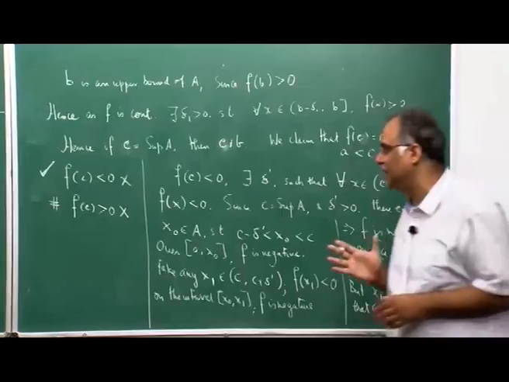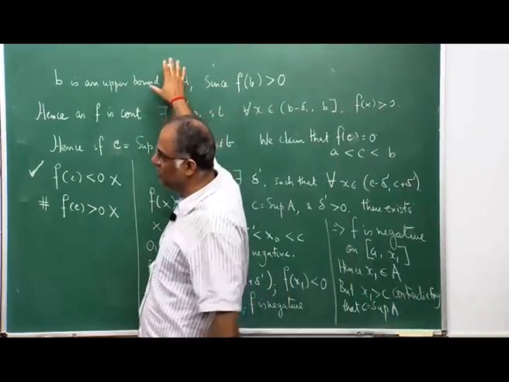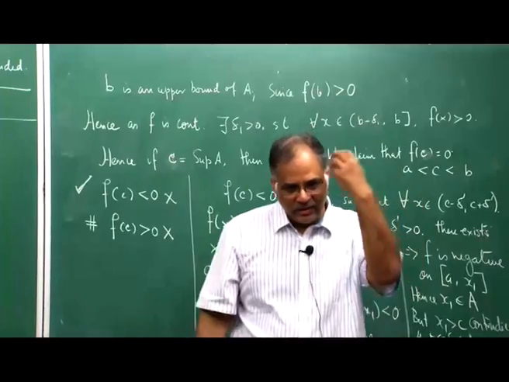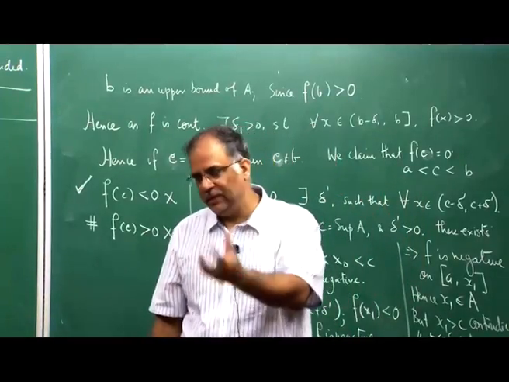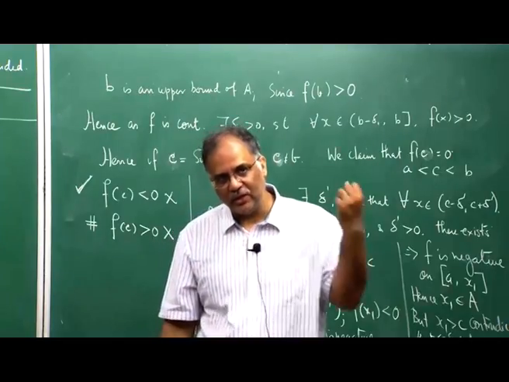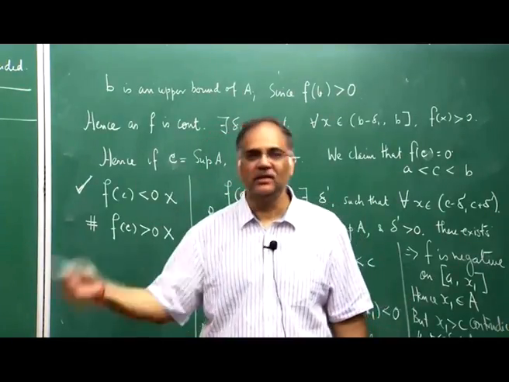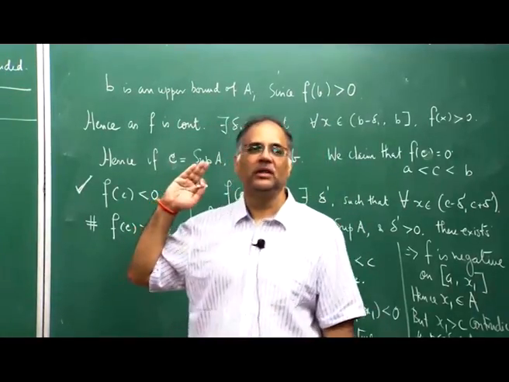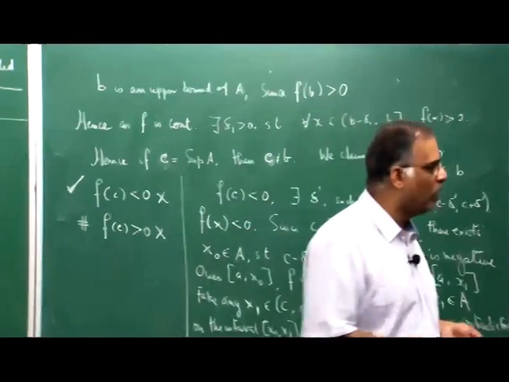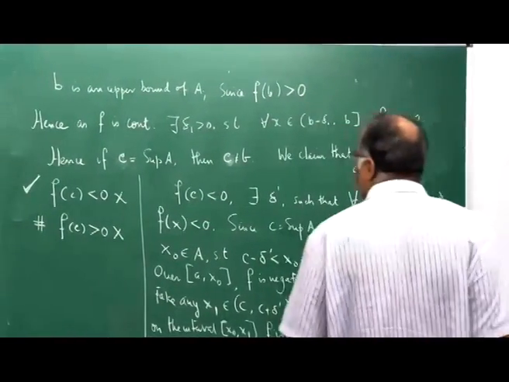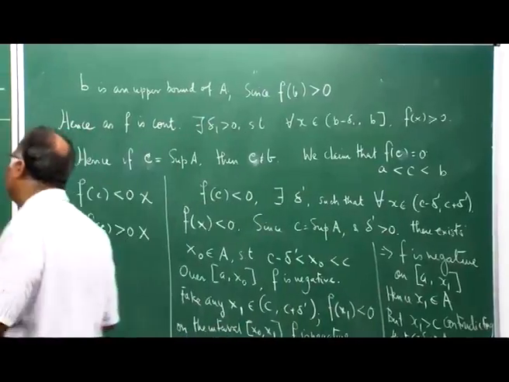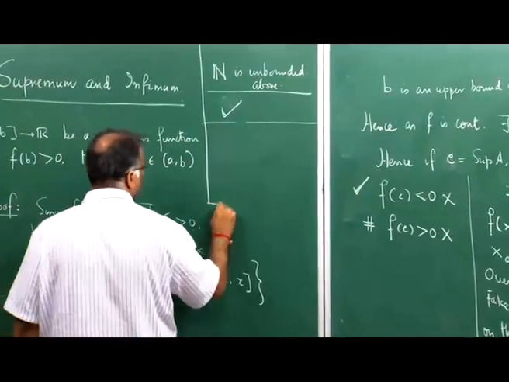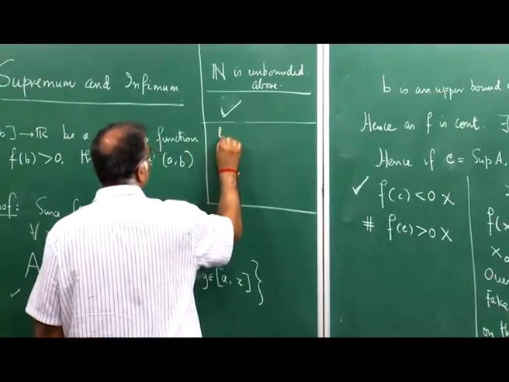But please understand that there is an additional meaning to it. To be more precise, I should say, if S is a proper subset of R and non-empty, and has an upper bound, then it has a least upper bound. If it has a lower bound, then it has a greatest lower bound. Without having an upper bound, a given set cannot really have a least upper bound, and without a lower bound, a greatest lower bound.